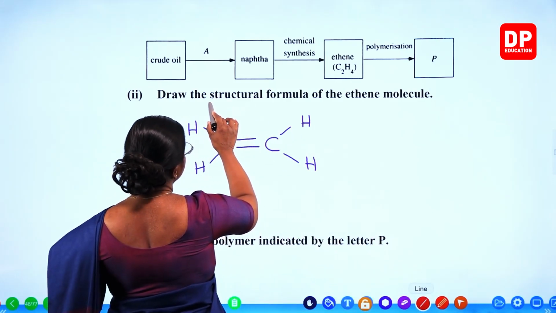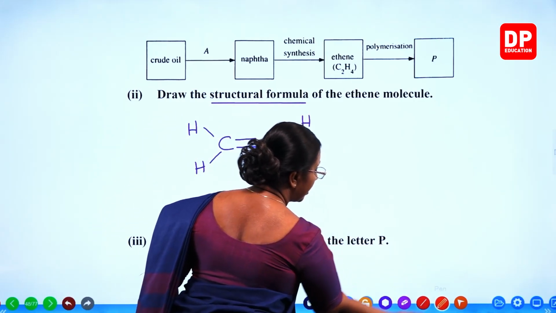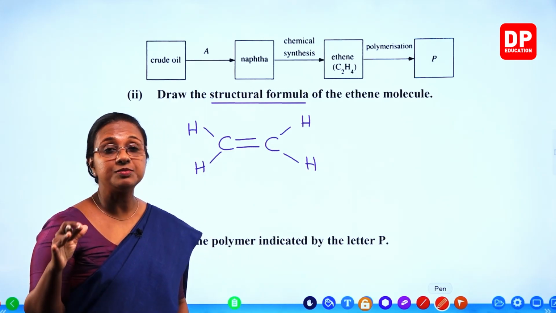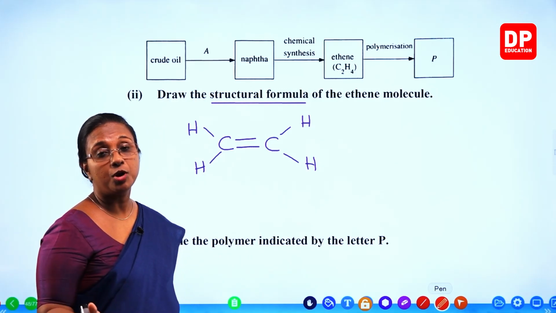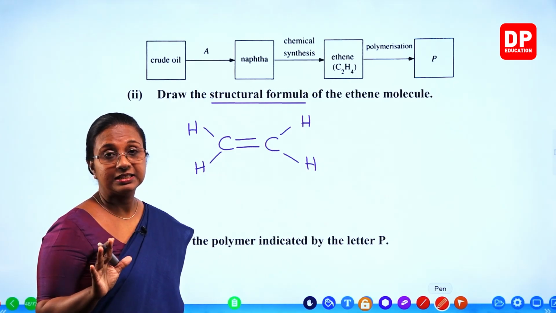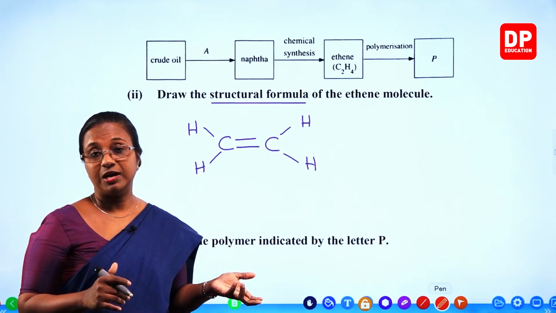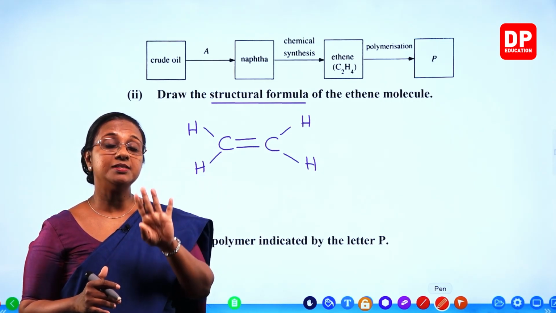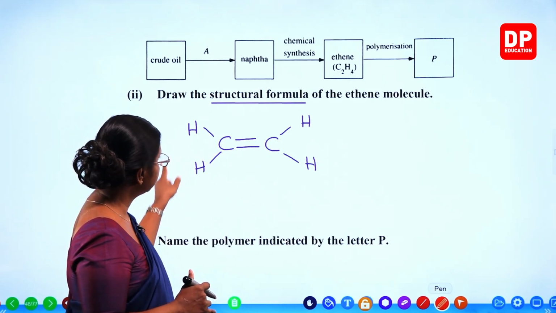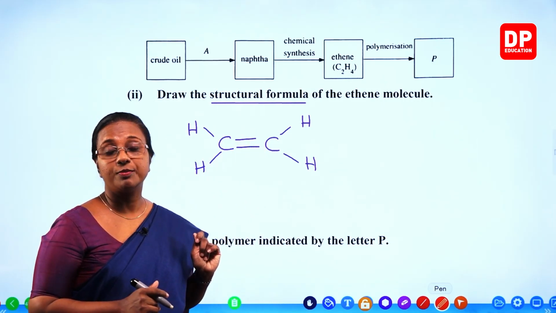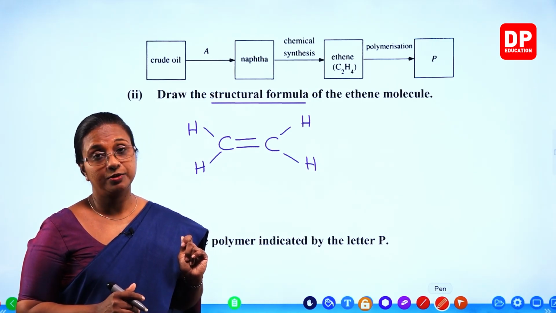So structural formula means this is the structure, how the atoms are bonded in a particular molecule. Is that clear? C2H4 is the molecular formula. One molecule has 2 carbons and 4 hydrogens. This is the structure. So structural formula of ethene molecule.